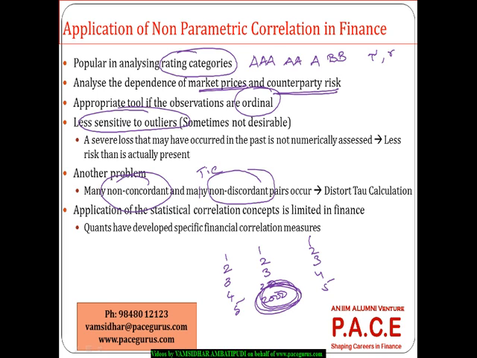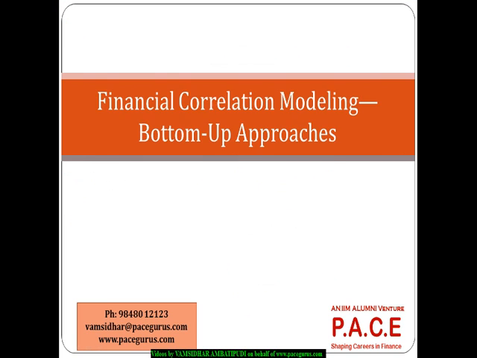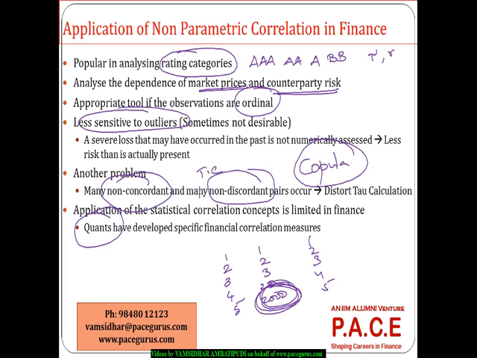And the application of statistical correlation concepts becomes very limited in finance. It is slowly moving towards a world where quantitative experts are coming forward to develop specific financial correlation methods, which we'll be seeing. Copula-based mechanisms are becoming more and more appropriate in deciding the relationship between the various parameters and variables.